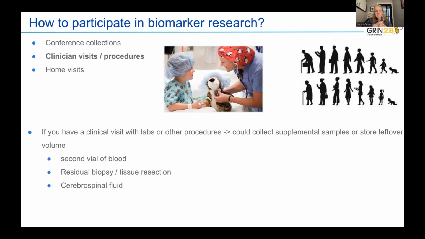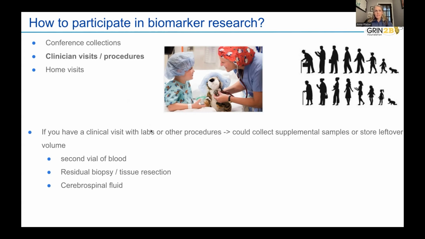Many times the clinician or the lab will allow us to collect a second tube of blood for research purposes only. We very much appreciate that children typically do not like having blood draws or needles anywhere near them. And so in all cases, we make every effort to try and reduce the amount of needle pokes or times that a kid has to go through that potentially traumatic experience.